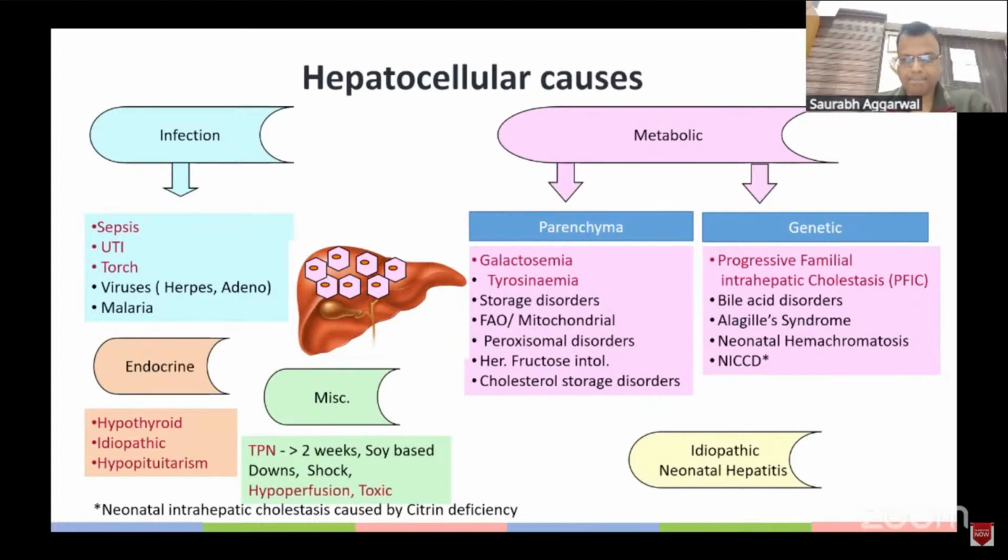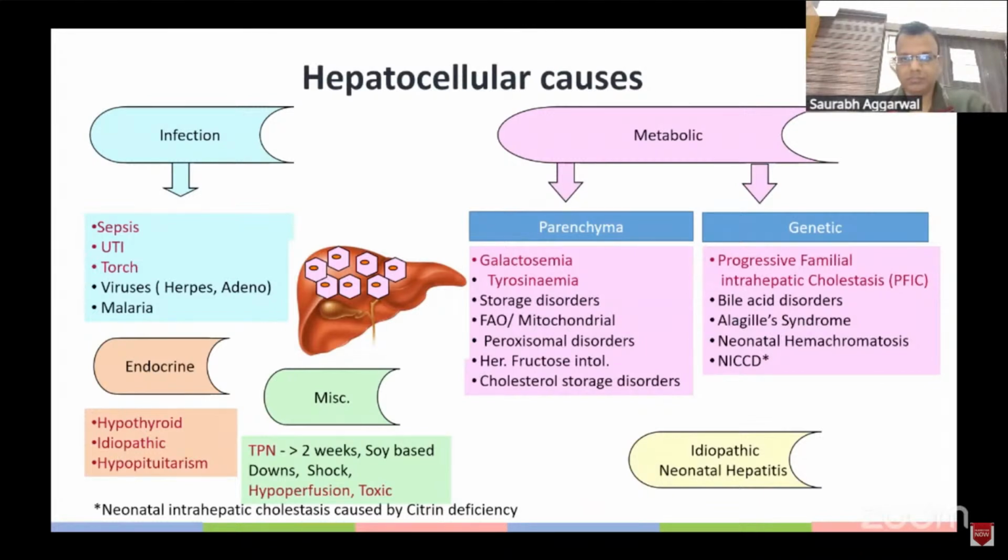Among miscellaneous causes, use of total parenteral nutrition for more than 2 weeks, mainly soy-based TPN, causes neonatal cholestasis. Other causes like Down syndrome, shock and septic shock, hypoperfusion, and some toxic causes also lead to this important disease.